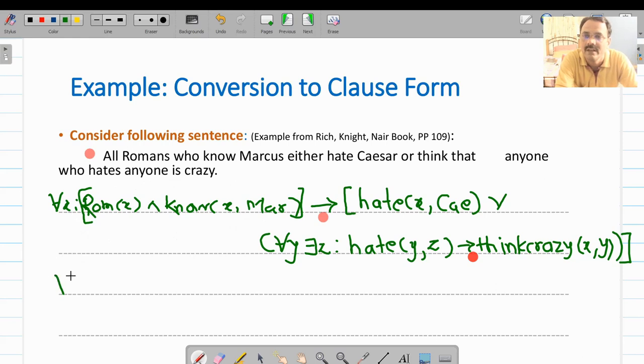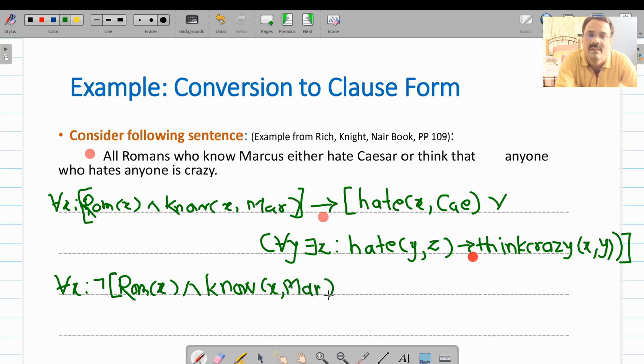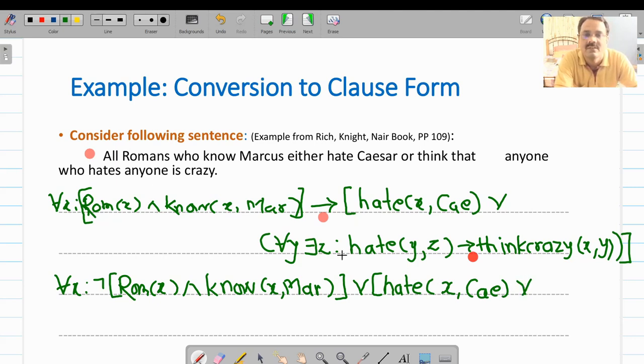So for all x as it is, not, Roman x and knows x Marcus, complete the bracket, or this right side as it is, hate x comma Caesar, or now this part here.